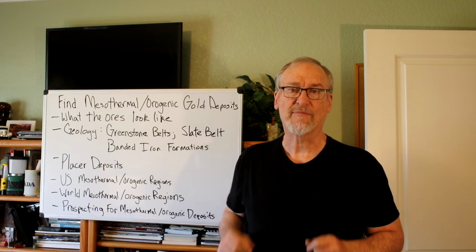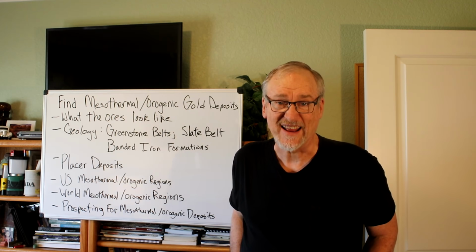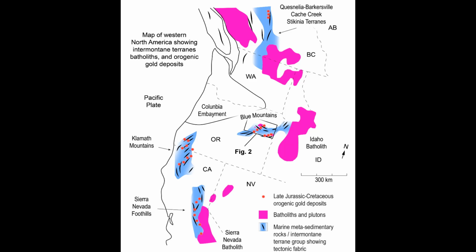Let's take a look at a map of some orogenic deposits in the United States. This map covers the northwestern part of the U.S., and pretty much all the areas marked in blue are the areas with good potential for orogenic gold deposits.